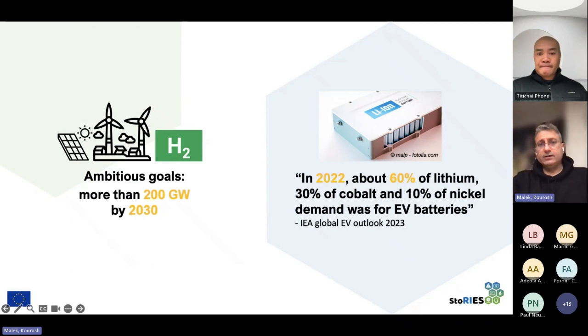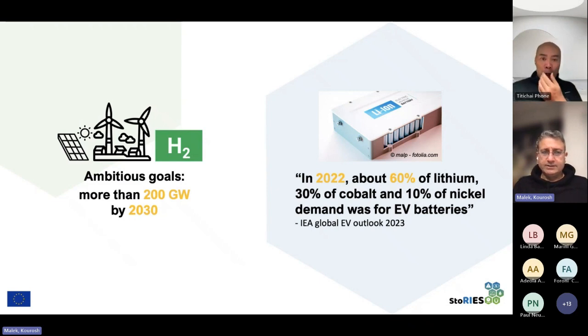As a continuation of what was discussed previously, what was very important and mentioned a lot in Titichai's presentation was the impact of the scaling of a lot of these technologies that we hear about here and there, in terms of ramping up more EV technologies, and scaling up hydrogen from what it is now, at a few megawatt scales, to gigawatt scales by 2030.